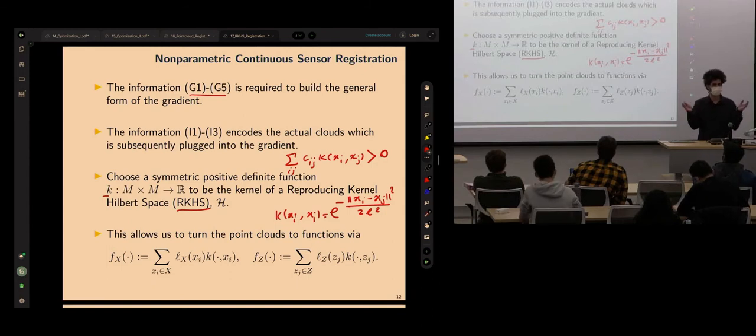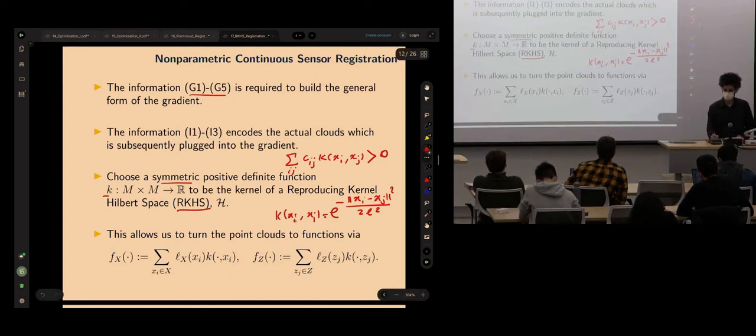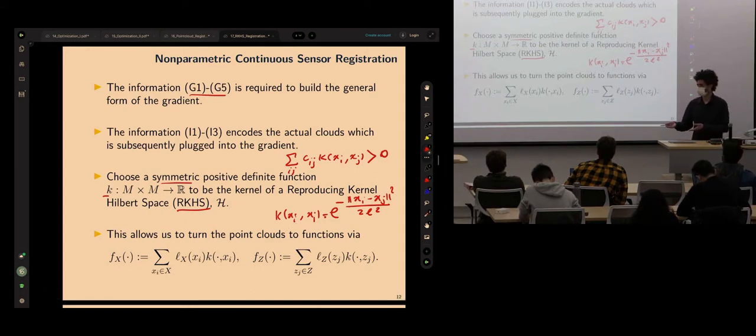Colors are always positive, right? That dot product of two color vectors will be always positive. So generally, this is satisfied, but the kernel must be, technically speaking, positive definite. And of course, it's symmetric. It doesn't matter if we evaluate k of xi xj or k of xj xi.